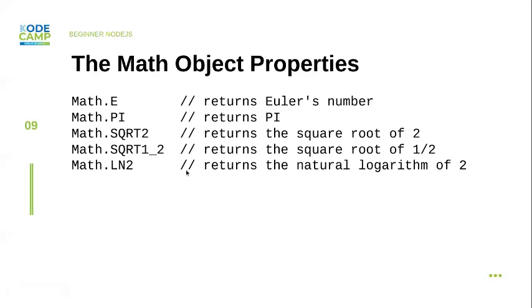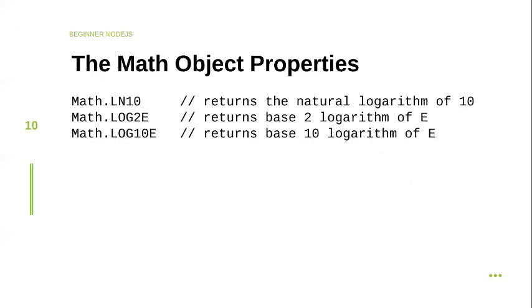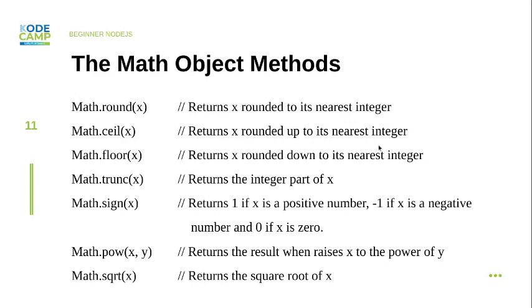Then if you want to find the natural logarithm of 2, you can use this. Those are constants, they never change, so you can use them to do whatever you want to do. You have more of them: LN10, the natural logarithm of 10, LOG2E, which returns the base 2 logarithm of E, LOG10E, the logarithm to the base 10, and all those others.